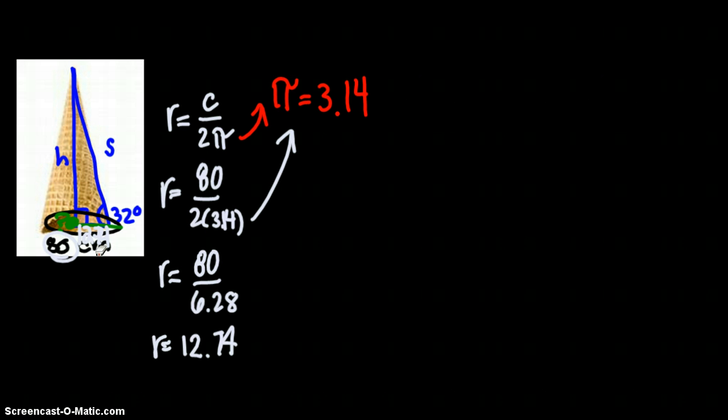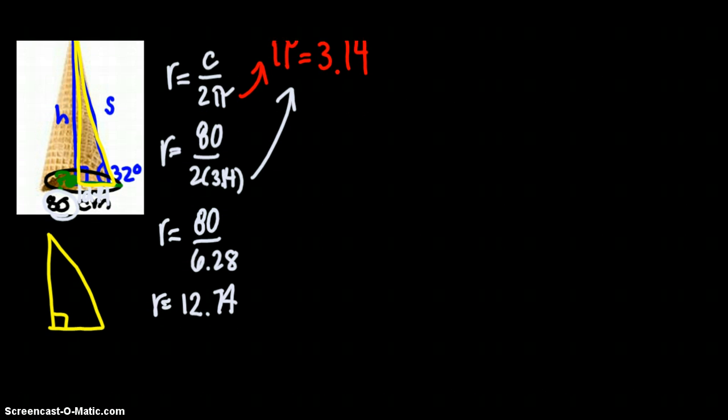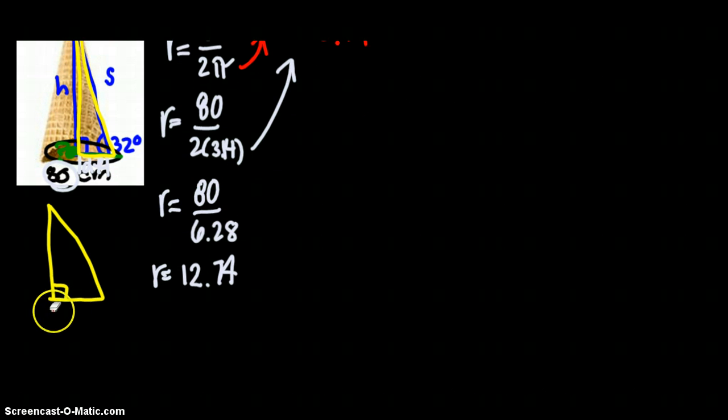But that looks really messy, right? So we can actually redraw it. Now that you see we have this right triangle outlined in blue, let's redraw it. Here we have the radius, which is 12.74.